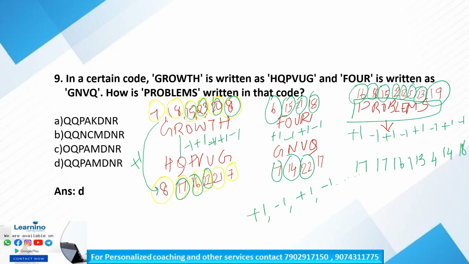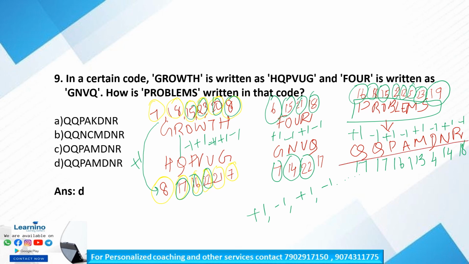So the corresponding alphabets of these numbers are, for 17 it is Q. Again for 17 it is Q. 16 it is P. 1 it is A. 13 it is M. For 4 it is D. For 14 it is N. And for 18 it is R. So that's all.